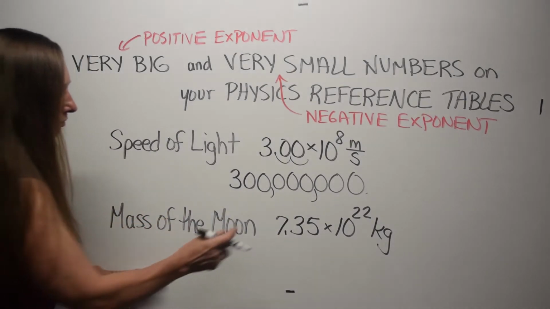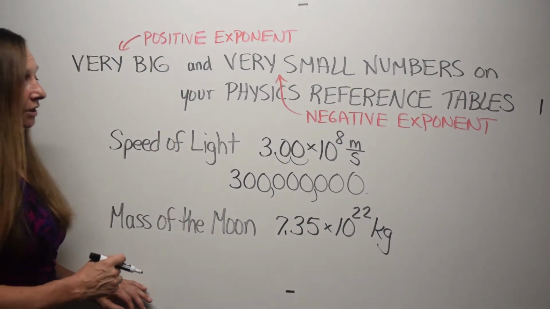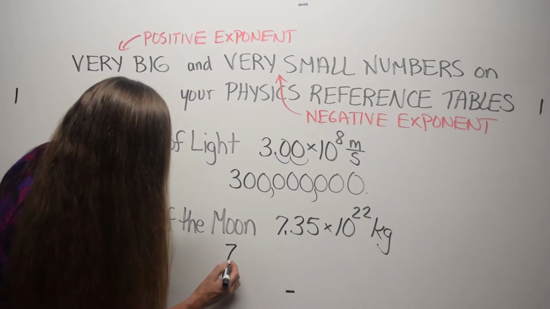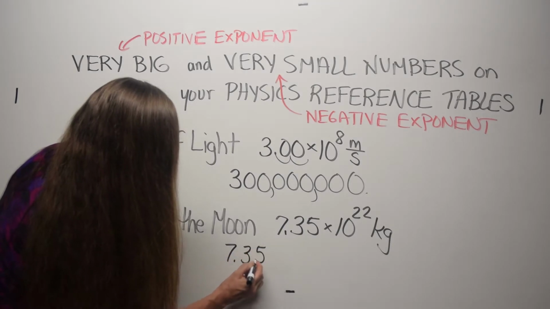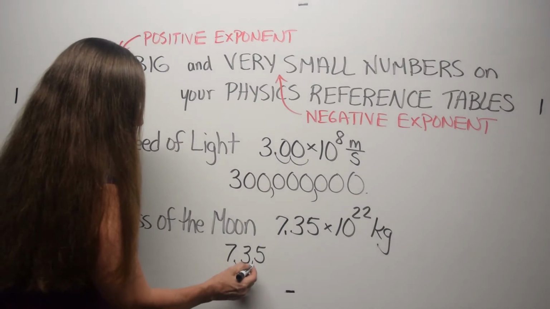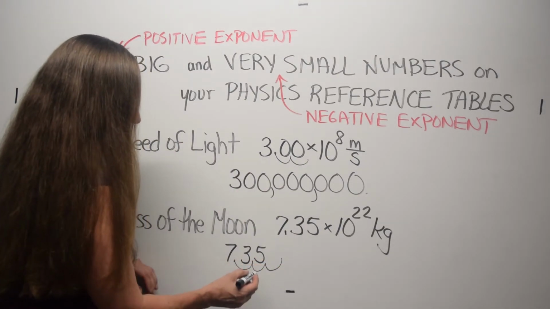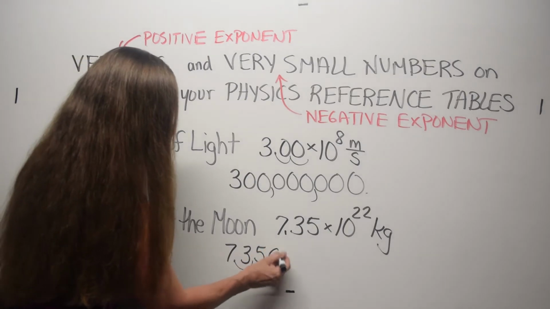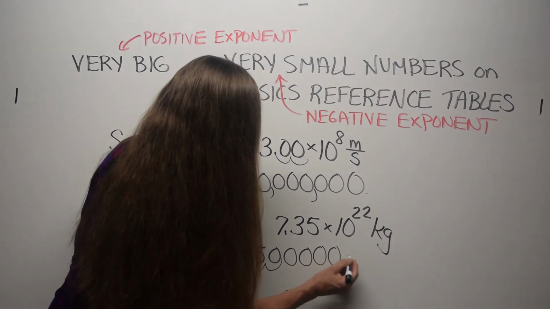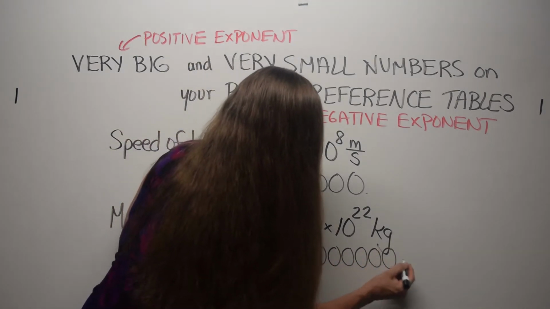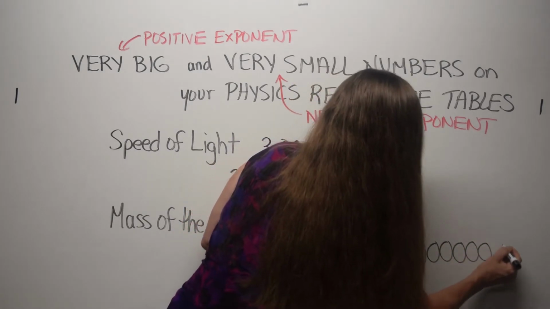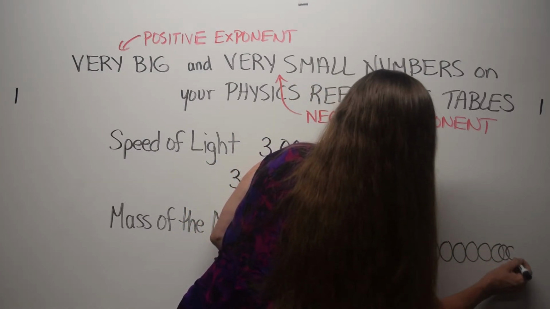The mass of the moon, 7.35 times 10 to the 22nd, a very big number, a positive exponent. We're going to jump 22 places that way. 1, 2, 3, 4, 5, 6, and so on up to 22.